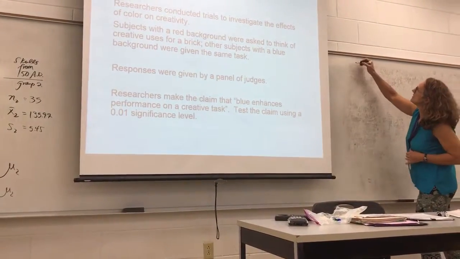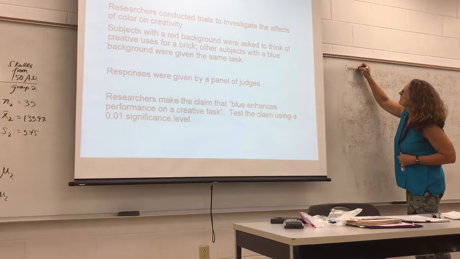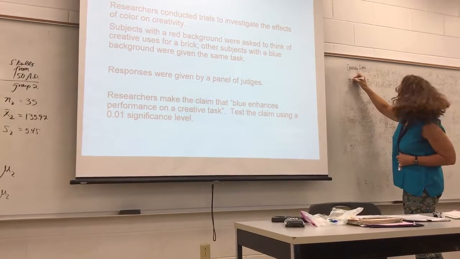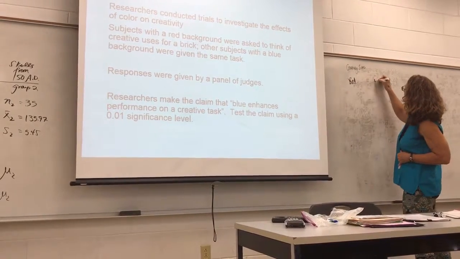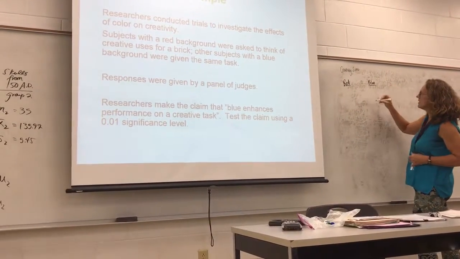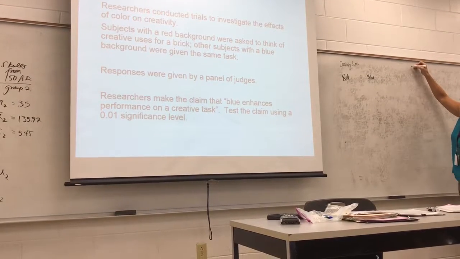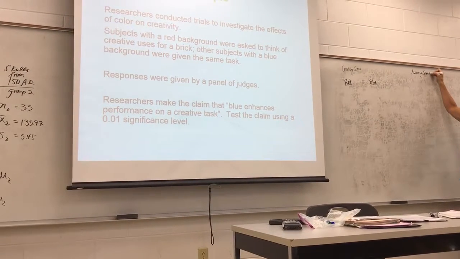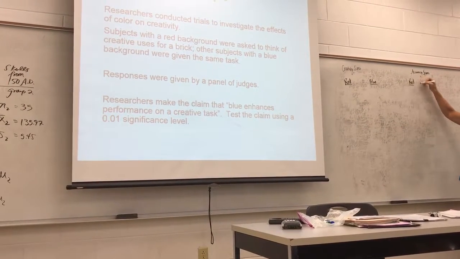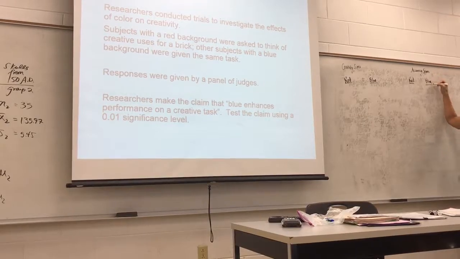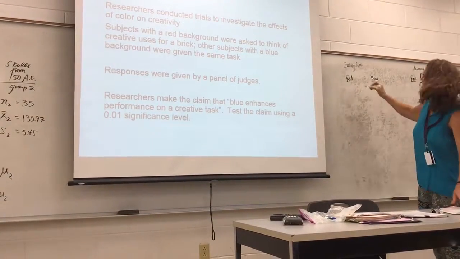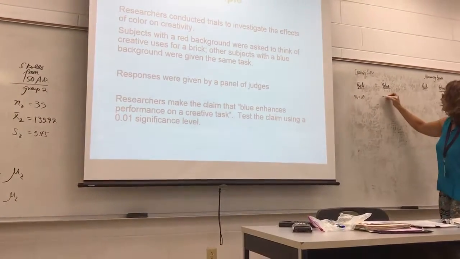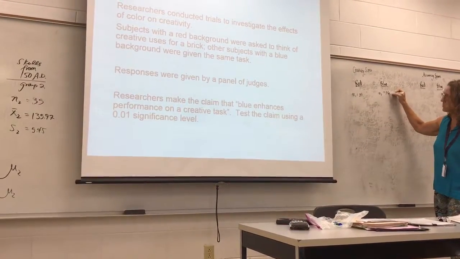Okay, so we have these creativity scores for red versus blue. And they're letting the red group be group 1, and the blue group be group 2, and then we have accuracy scores. Again, red versus blue, background. All right, for creativity, sample sizes in both cases were 36 for the red, and n2 is 36 for the blue.